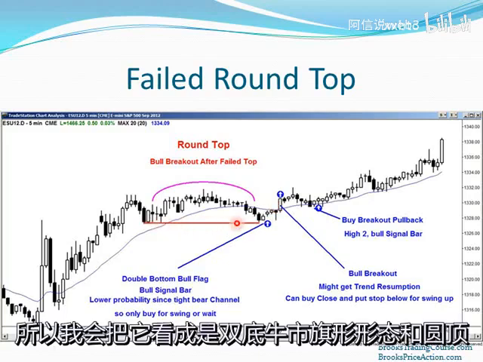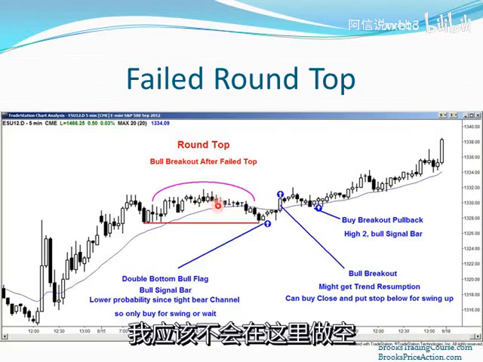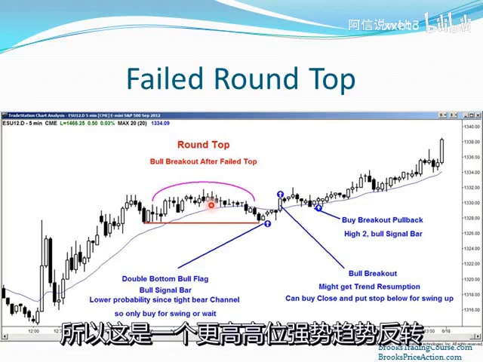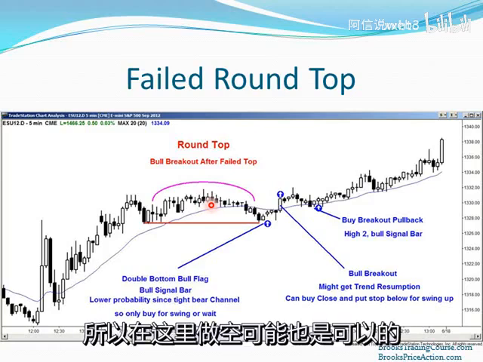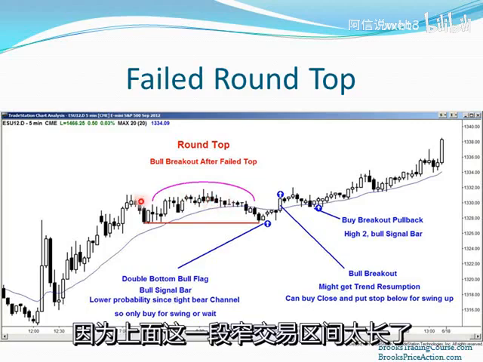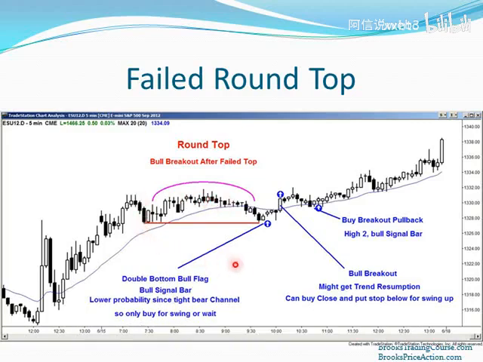We have a double bottom, so I think of this as more of a double bottom bull flag than a rounding top, and I would probably not take this short. You can argue that there's a bull trend line and this is a higher high major trend reversal, and you probably could take that short. I probably would wait for more information because it's too much of a tight trading range.